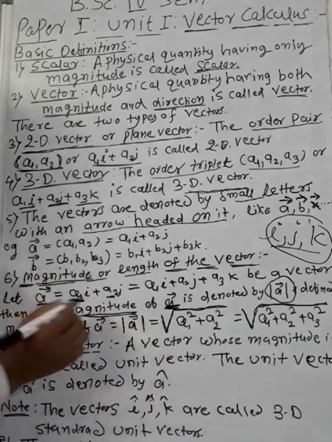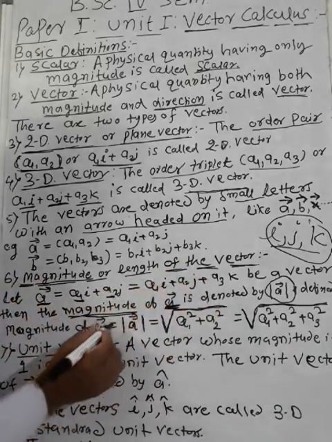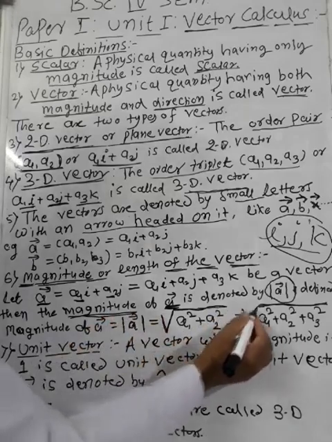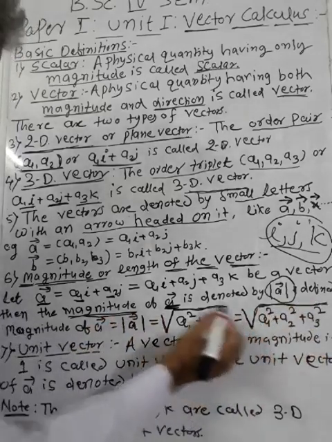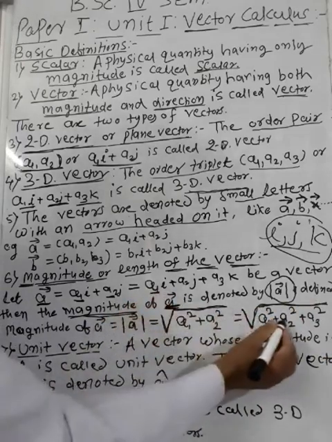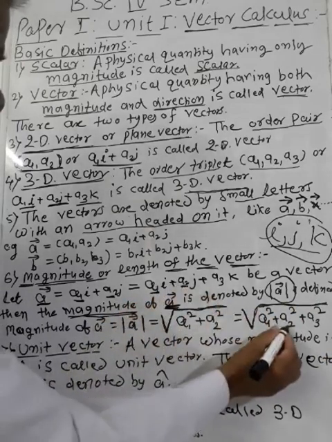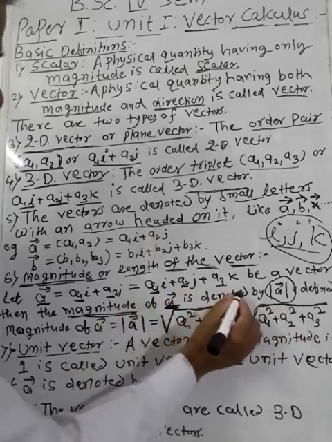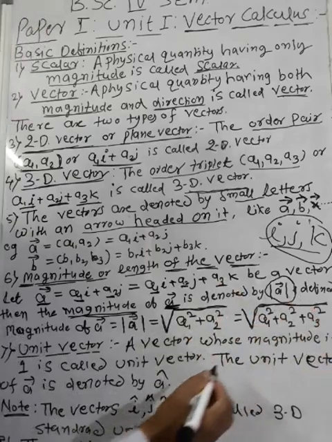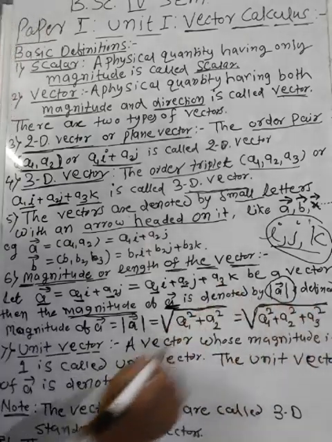It is the magnitude of a two-dimensional vector. If A is a three-dimensional vector, then the magnitude of vector A is defined as the square root of the square of the coefficient of i, the square of the coefficient of j, and the coefficient of k, that is a3 squared.